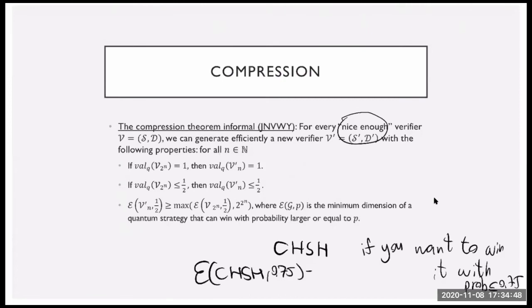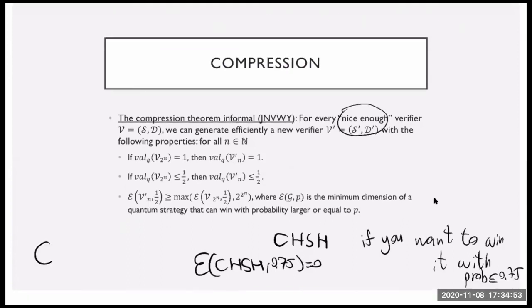So E of CHSH at 0.75 is 0. But we said that if you want to win the CHSH game with some probability, which is approximately 0.85, you actually need a two-dimensional strategy.